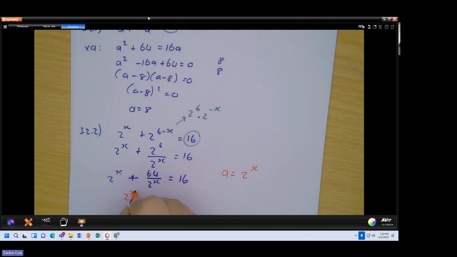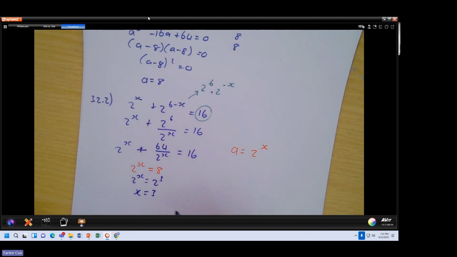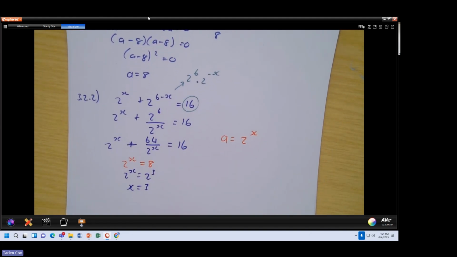So it will be 2 to the power of x is equal to 8. And then we know from grade 8 already that 8 will be 2 to the power of 3, which gives us x is equal to 3. Right. So that was question 3.2.